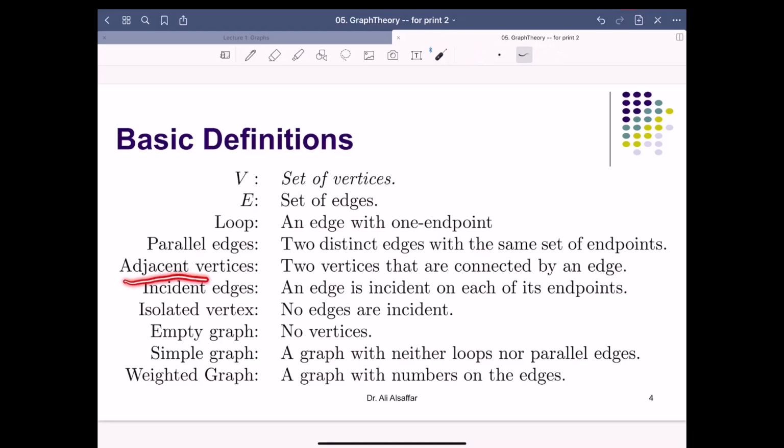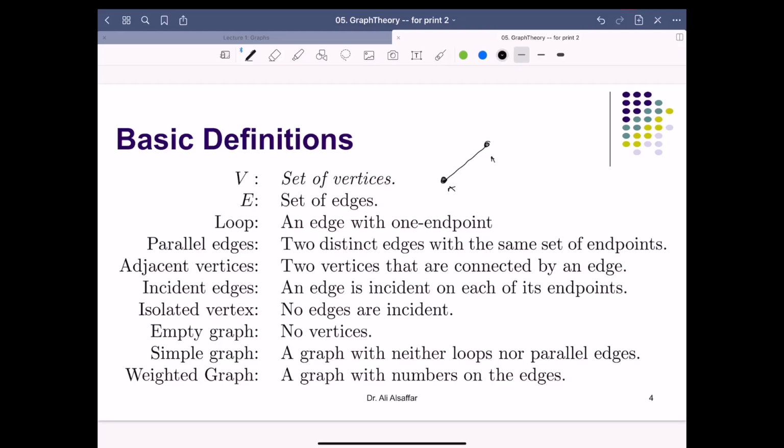Now adjacent vertices. When we say adjacent, it means next to each other. Two vertices are adjacent simply if there is an edge between them. Here is an example. If this is a vertex and this is another vertex, and there is an edge between them, then we say that these two vertices are adjacent.